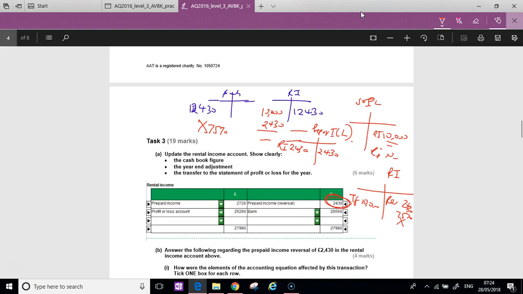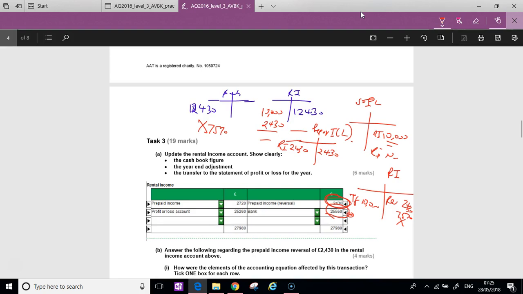What then happens? It says you have a scenario where you receive 2,550 from this tenant again. So it's debit bank and credit this amount here. Then it says that the tenant again had prepaid some income, and they tell you the amount they've prepaid.